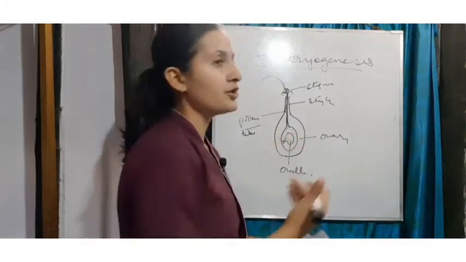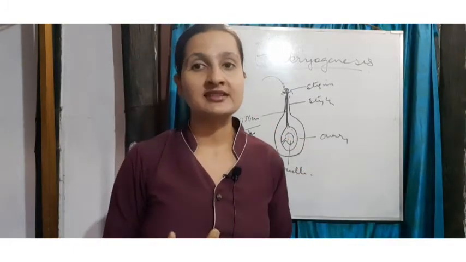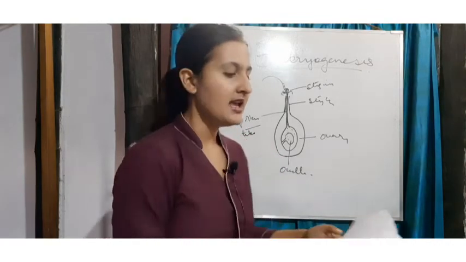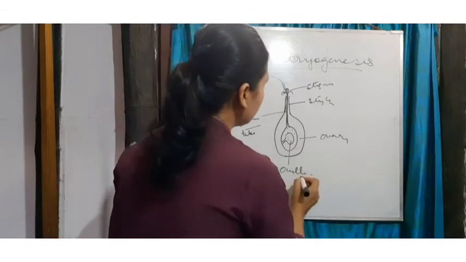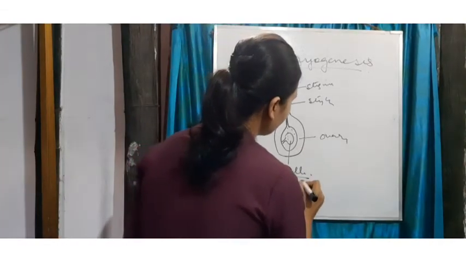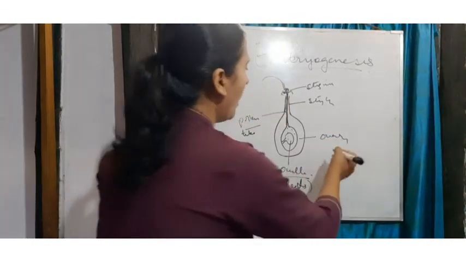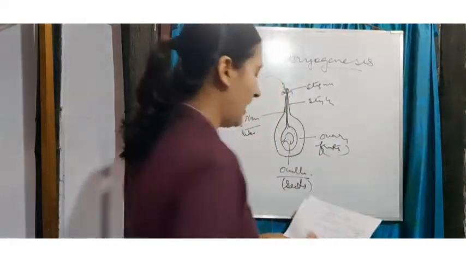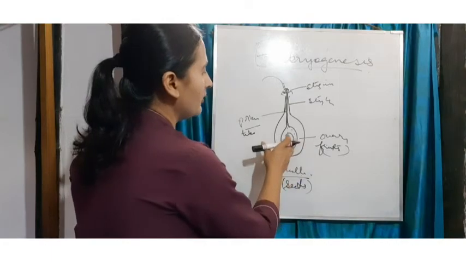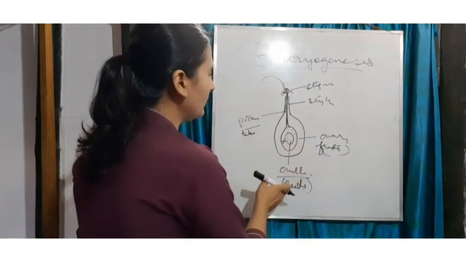There fertilization takes place. And after fertilization, the ovule develops into seeds and the ovary develops into fruits. Am I clear? Ovary will develop into fruits and ovule will develop into seeds.